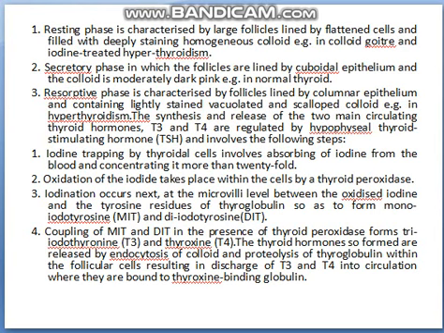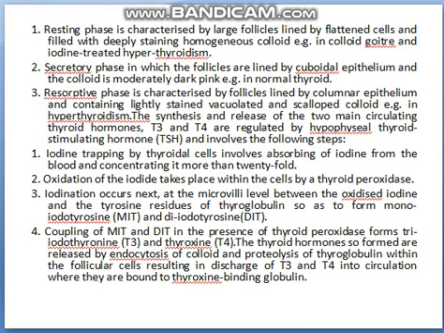Now its synthesis releases T3 and T4. It involves the following steps. First, iodine trapping by thyroidal cells, involving absorption of iodine from the blood. So iodine which we take in from our diet is absorbed here. Next is oxidation of iodine, which is done with the help of peroxidase, an enzyme.